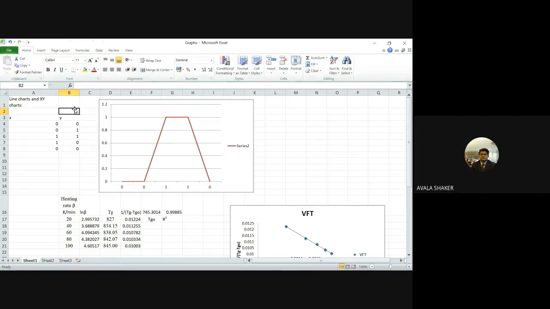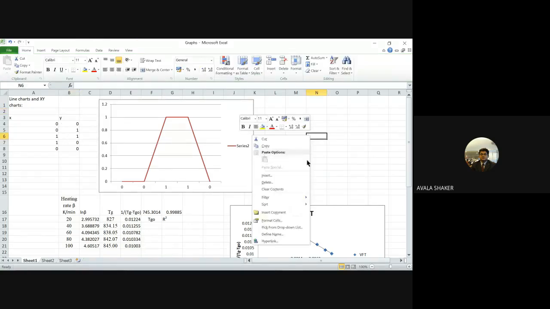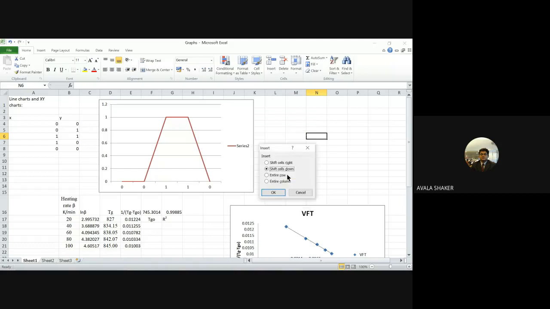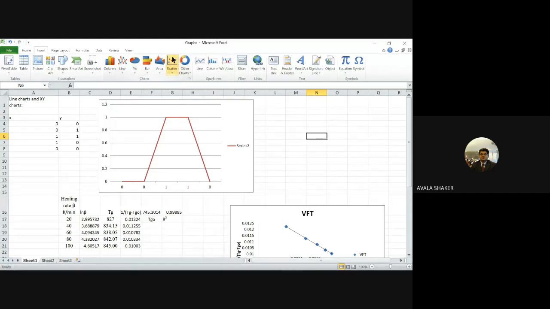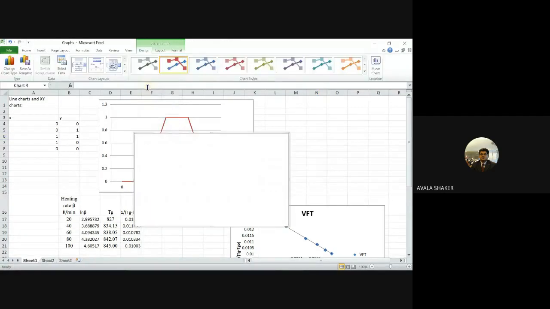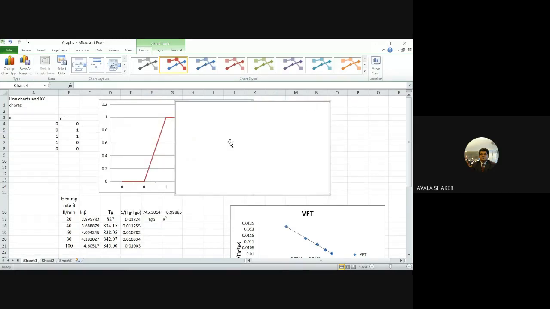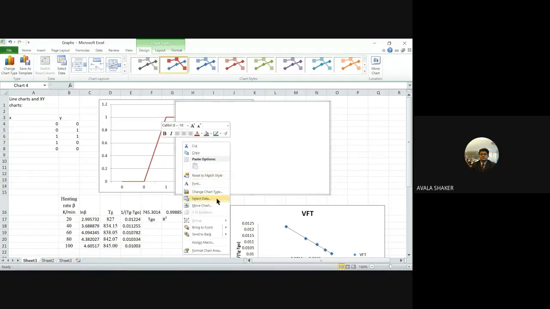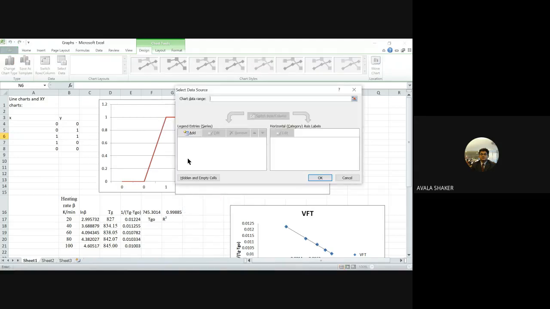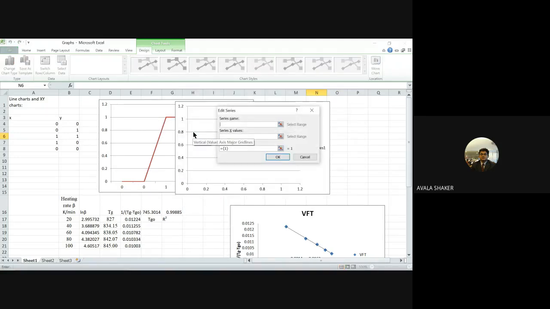Let us plot an XY scatter. Insert, select data, and okay.